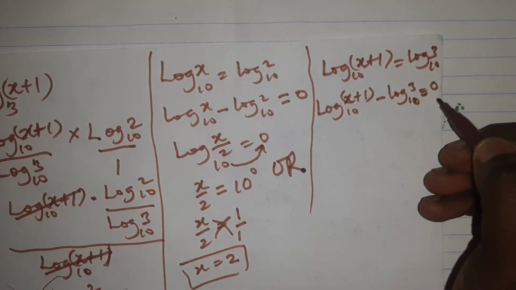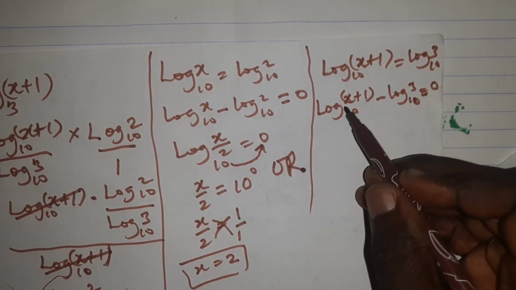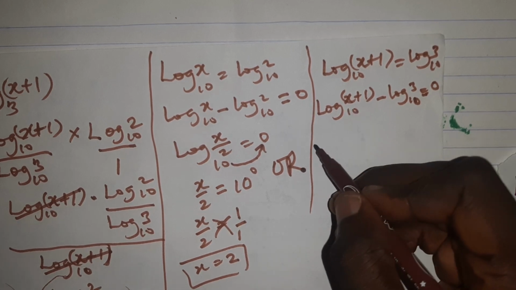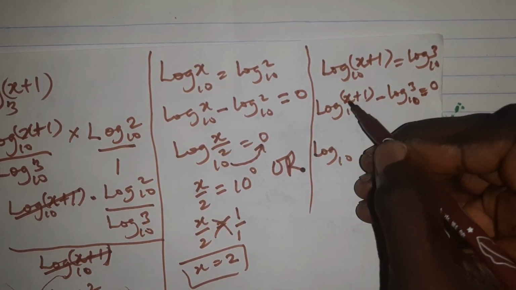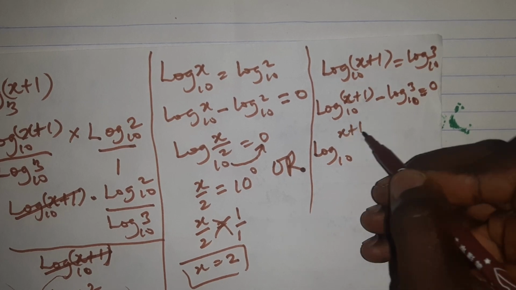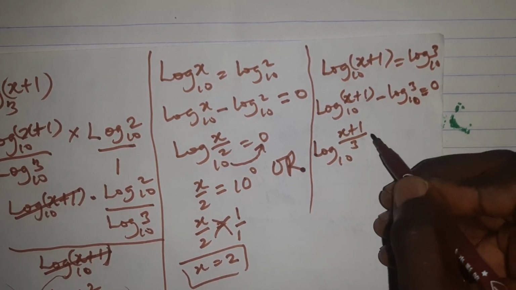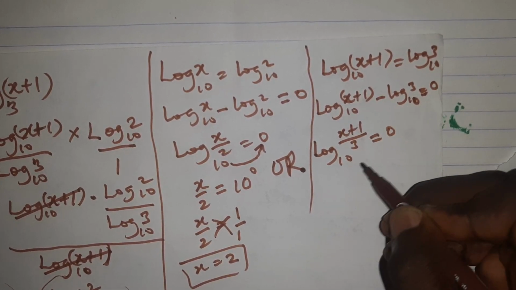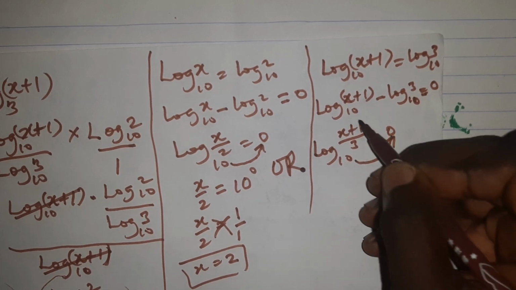Then following the laws of logarithm, we can have log base 10 of x plus 1 over 3, because this is subtraction, equal to 0 again, and then 10 raised to the power 0 must give you the number here.